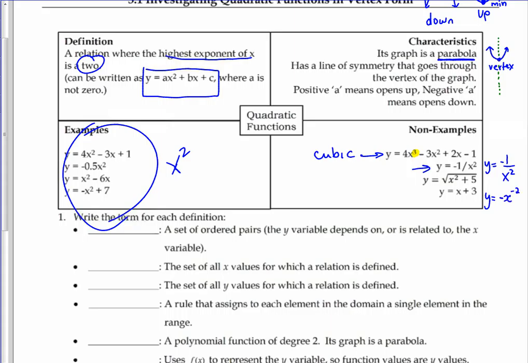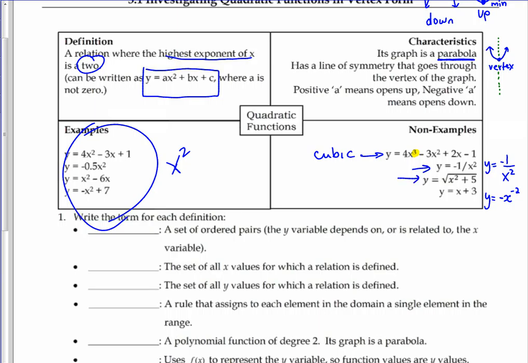Negative exponents will move it from the numerator to the denominator or vice versa. So to move this up to the numerator, it actually is a negative exponent. So that's not a quadratic because the power of x is actually negative 2, not 2. It's also called a rational equation.